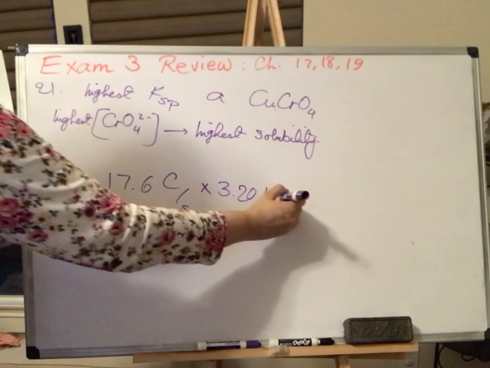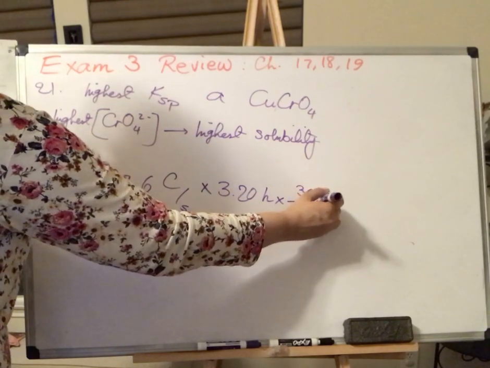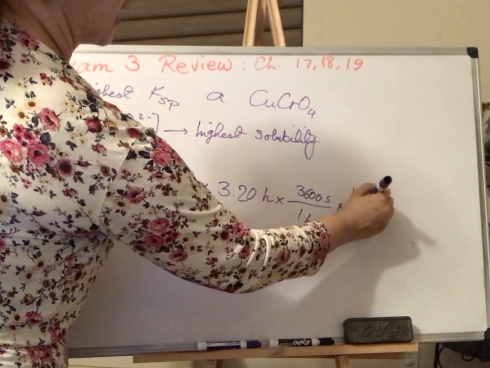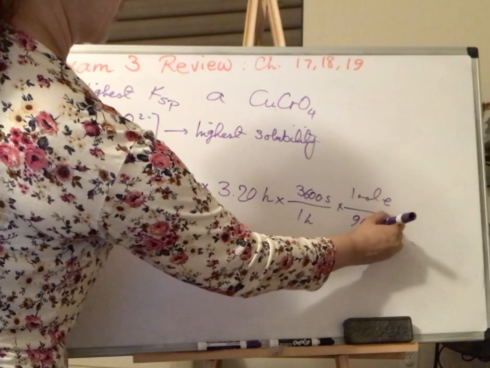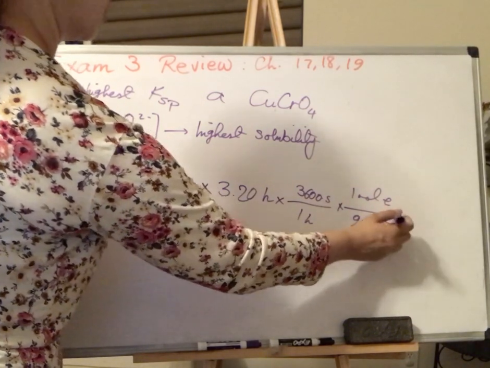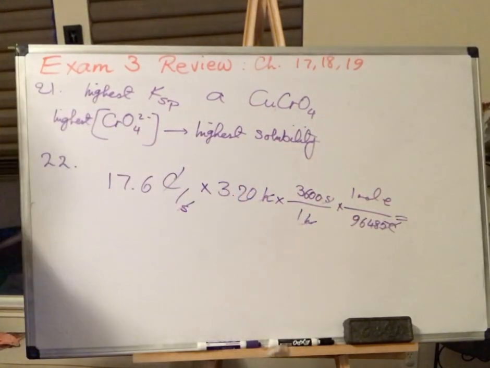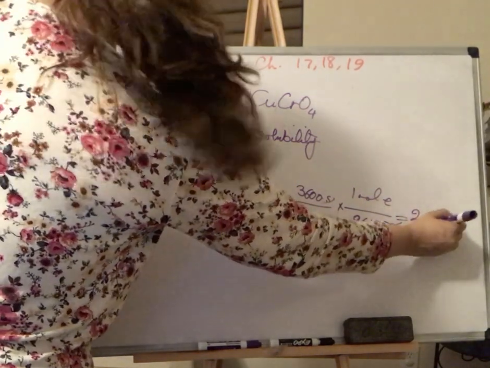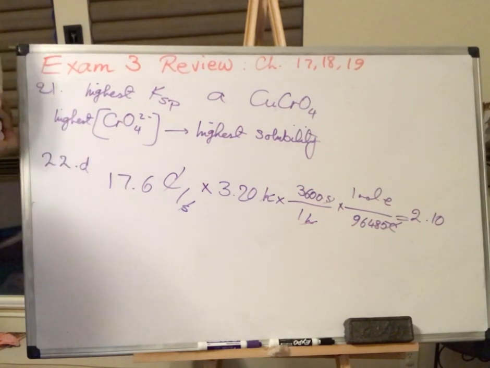We need to change hours to seconds. 1 hour is 3,600 seconds, and we are looking for the moles of electrons. 1 mole of electron is 96,485 coulombs. So we can cancel this, and it will give you how many moles of electrons? 2.10 moles, which is choice D. Question number 23.